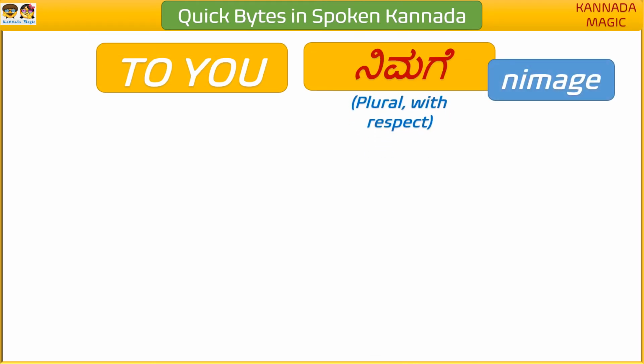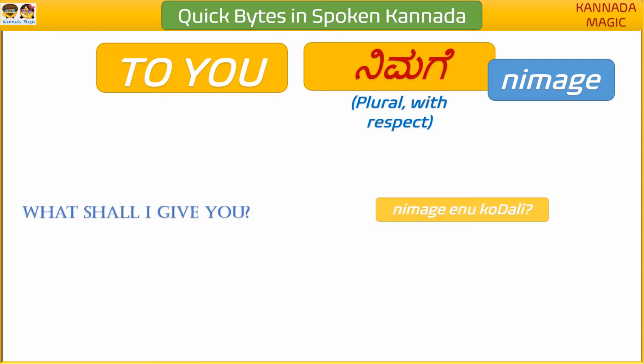Let's say you met somebody elder to you, or somebody new, just a neighbor. You don't know them. You want to address them with respect. You can say nimage to you. So ninage is for singular, and nimage is plural with respect. Either with respect or many people are there, you can ask nimage.